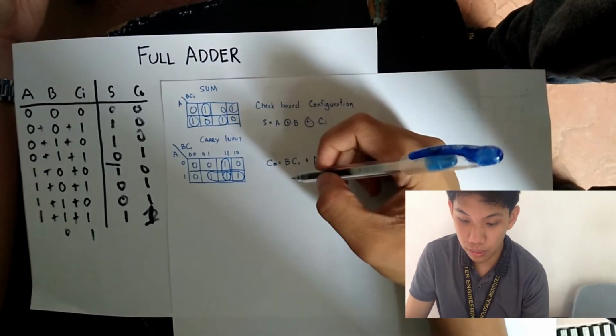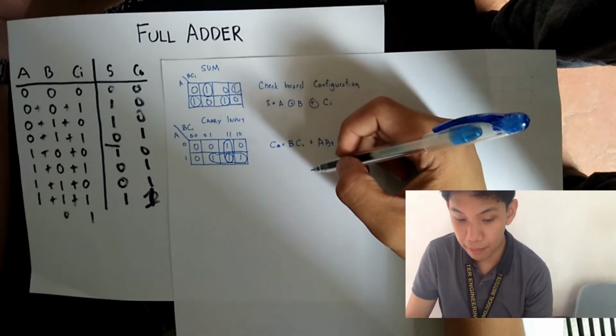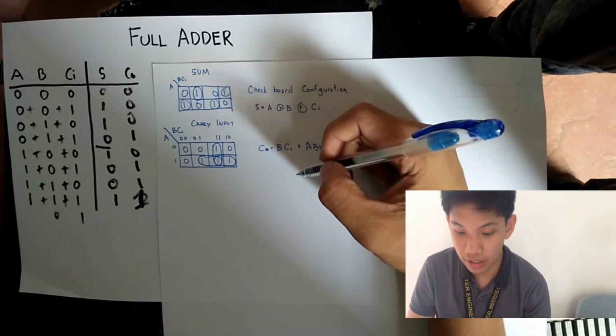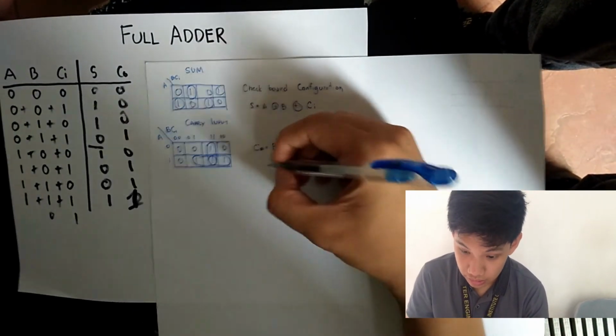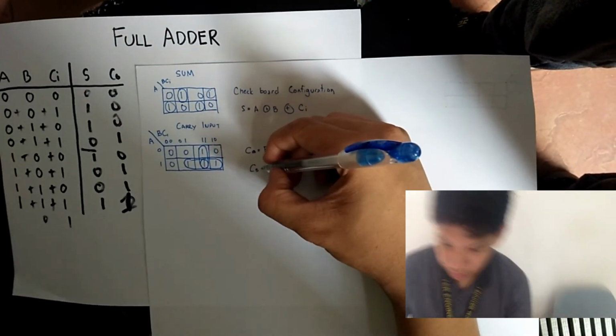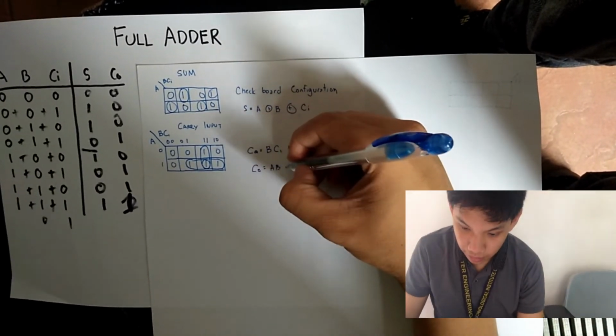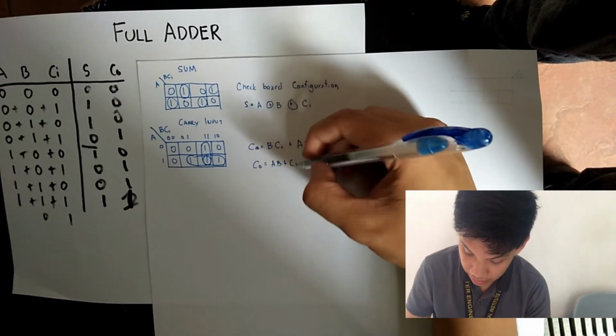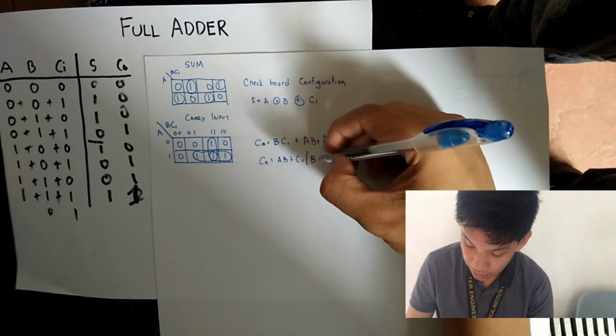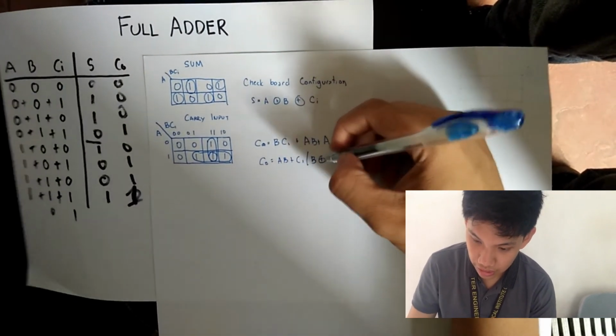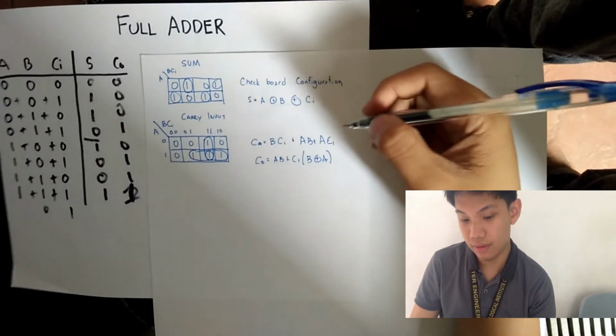So this is what we're going to get in this K-map, but there is another way of getting the C output. C output is equal to AB plus CI times (A XOR B). Let's continue.